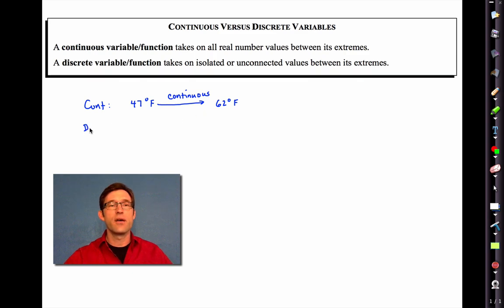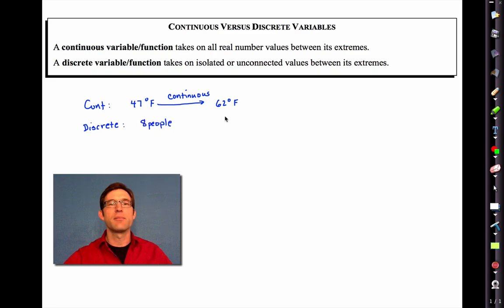Discrete variables or functions, which is what we're going to concentrate on today, are ones that can only take on unconnected values. Here's a good example as well. Let's say that you were monitoring the number of people in a store. Maybe when the store opened up, there were 8 people inside.